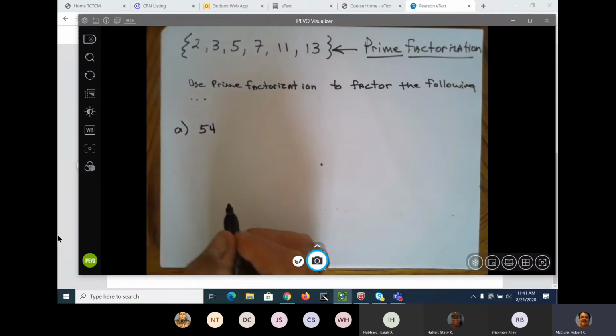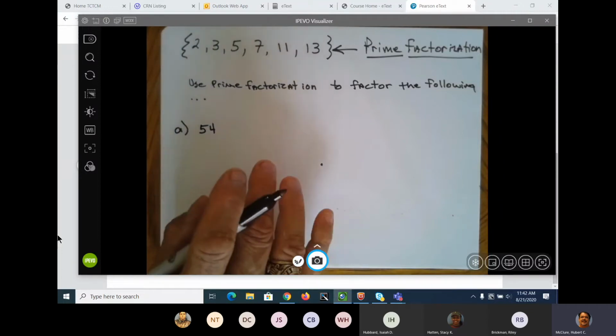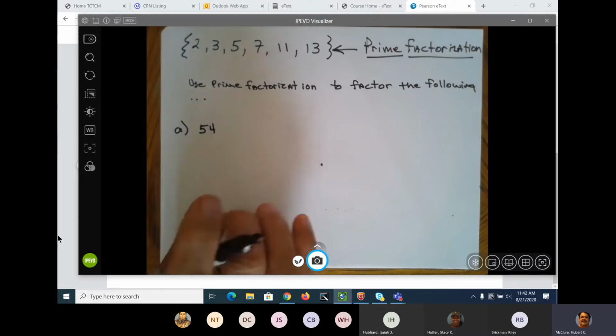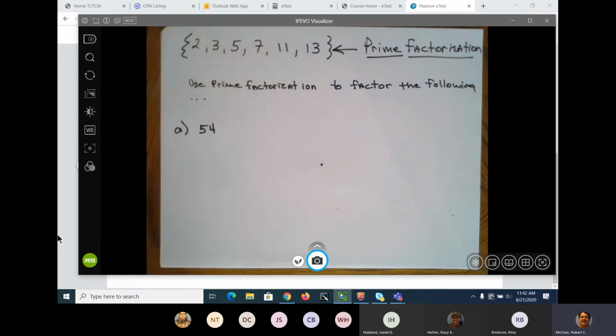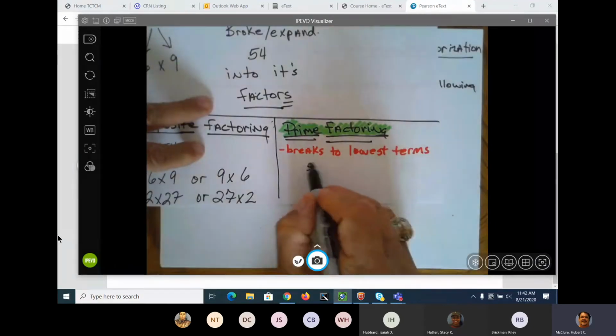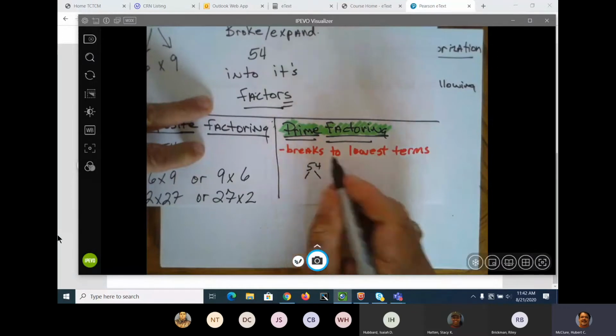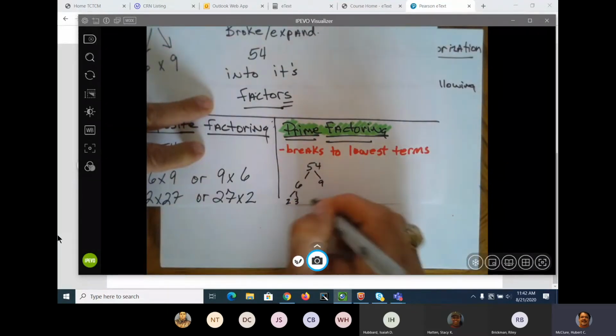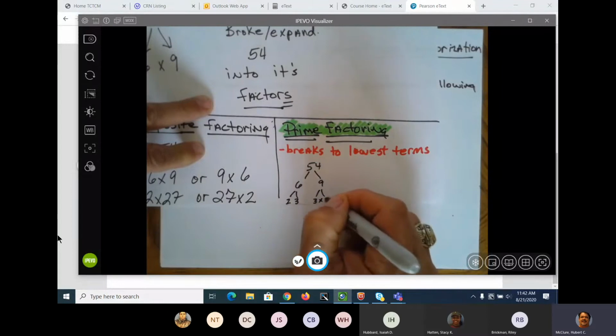Now, some of you have been taught how to do this by the tree. I don't do the tree. There's a reason I don't do the tree. Because the tree, you can't use all the way across the board. For some of you that don't know what I'm talking about with the tree, you do 54, and then you draw these 2 arrows, 6 times 9, and then 2 times 3, and then 3 times 3.